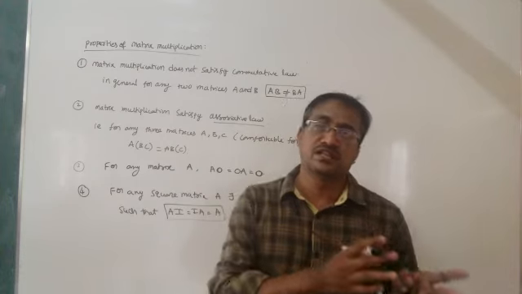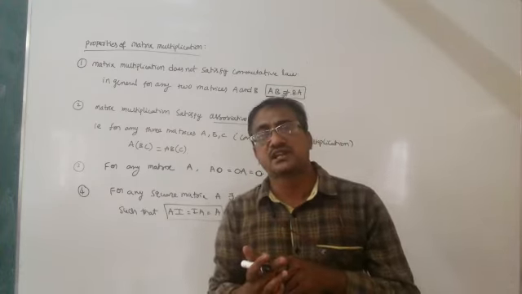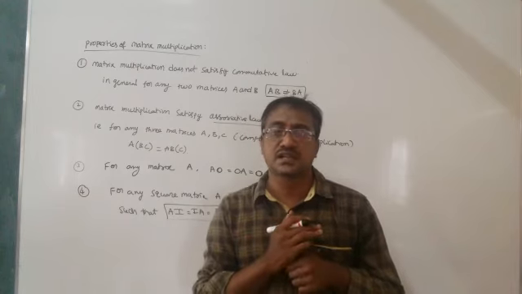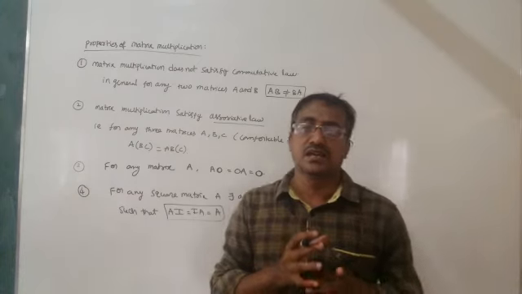If you take a square matrix of order 2, there exists an identity matrix of order 2. That is what they are saying. So AI is equal to IA is equal to A.